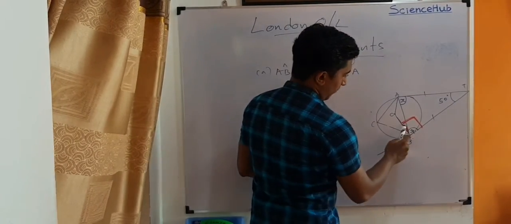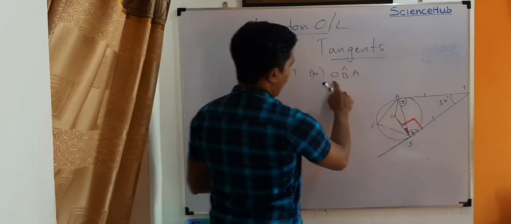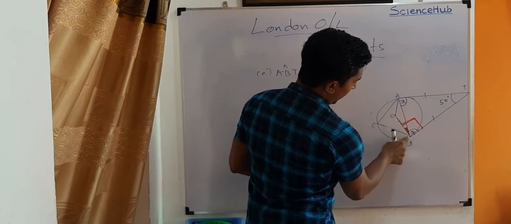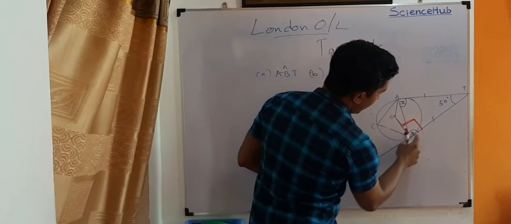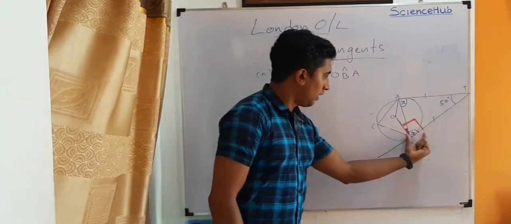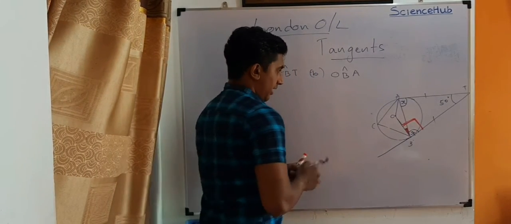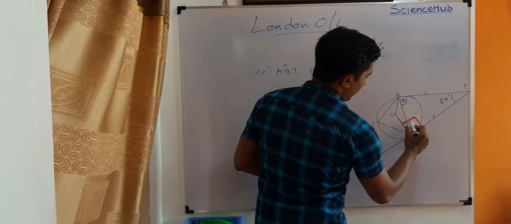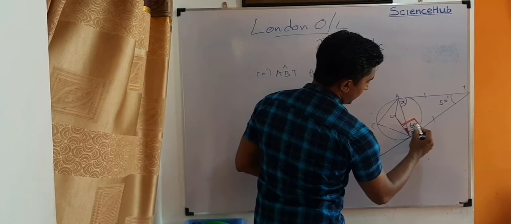The sum of these two angles, OBA and ABT, should be equal to 90. And by the first part, we found this one is equal to 65.